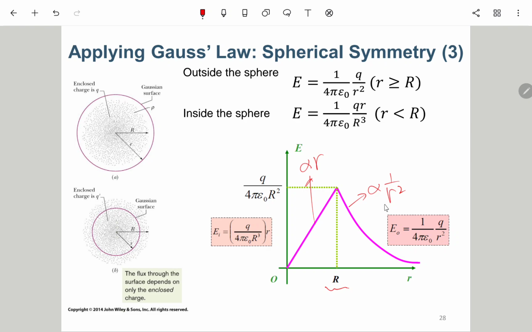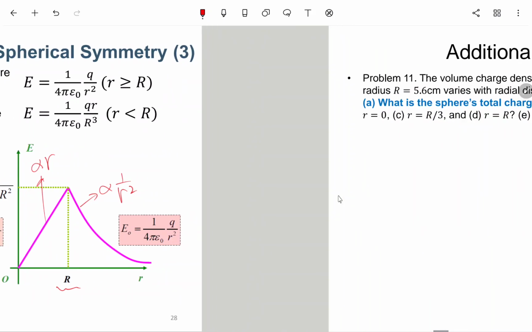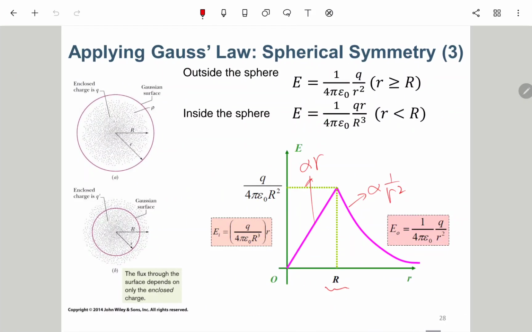At capital R, these two curves actually have the same value. Okay, so let's have a 10 minutes break.